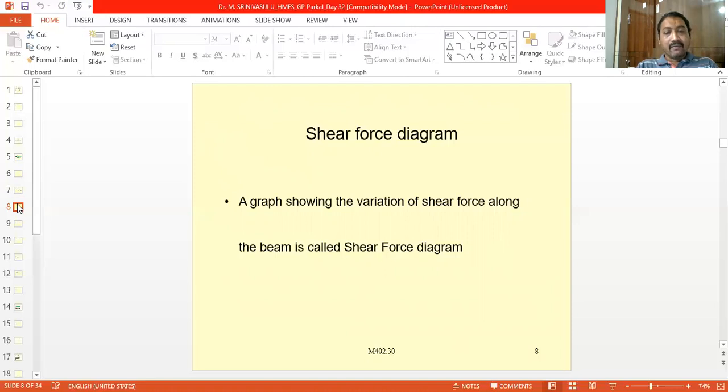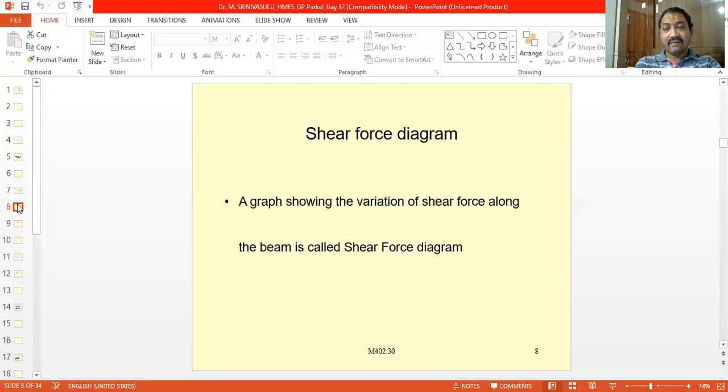Now we'll go into the actual thing, that is the shear force diagram and bending moment diagram. First of all we'll see about the shear force diagram. So what is the shear force diagram? It is the diagram which shows the shear force.